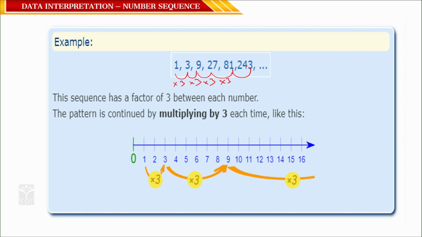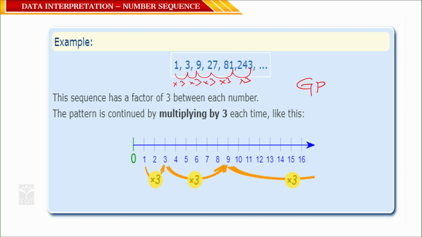When you multiply 81 by 3, you will get 243. So, here 3 is called the common ratio. The next number is generated by multiplying by a fixed number, which is called the common ratio. This pattern is called geometric progression, geometric sequence or GP.